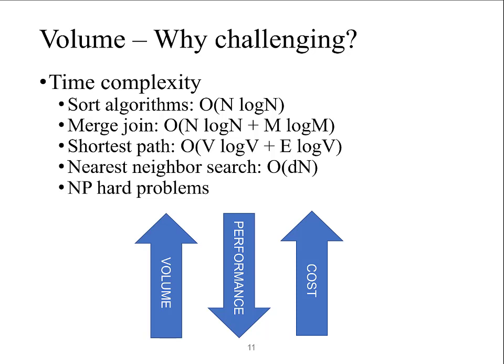So basically, when the volume of data increases, the performance of these algorithms decreases and the cost increases. So that is not what we want to see. And that is why we need to do something to overcome the big volume of data here.